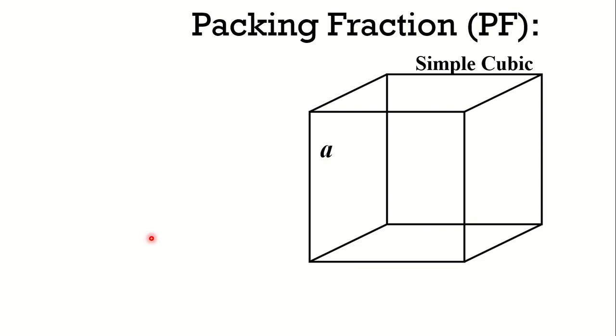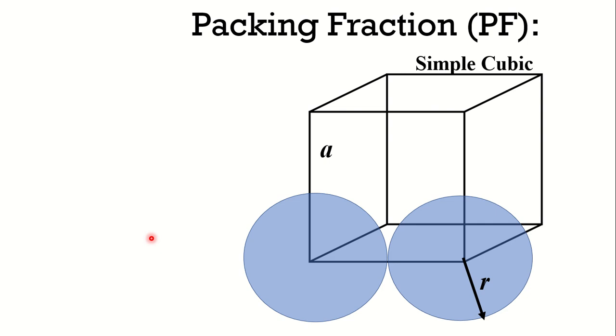Now let us move to the three-dimensional structures. For example, a simple cubic. For a simple cubic, we have already discussed that the total number of lattice points is 1, and if I add spheres of radius r, I can show that 2r is equal to a.